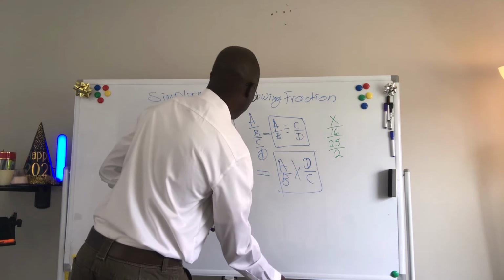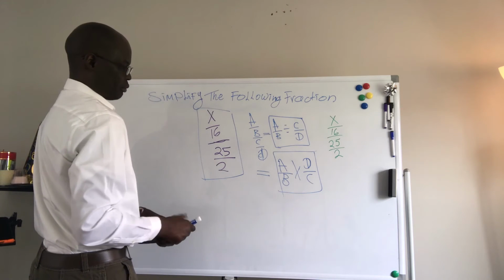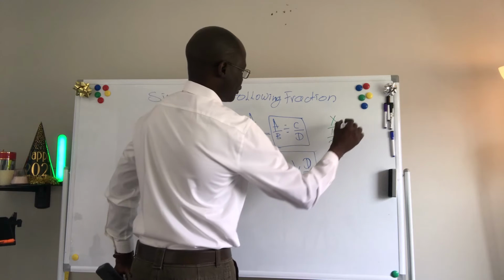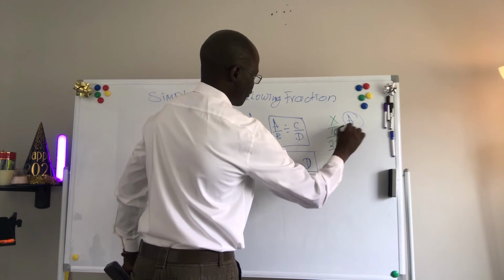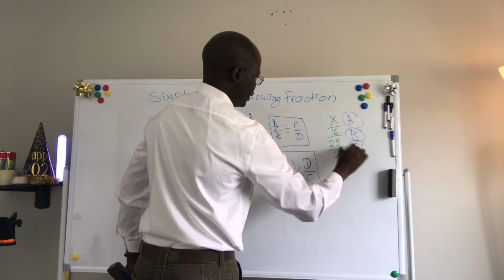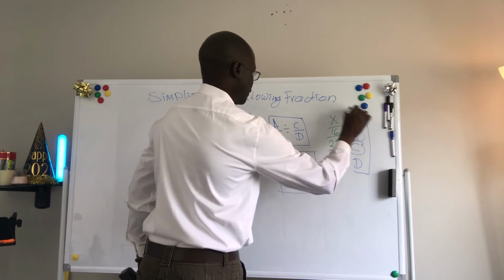So for these, you can just number them. I did an example like this before. So this is A, and this is B, and this is C, and this is D. And it should be easy for you.